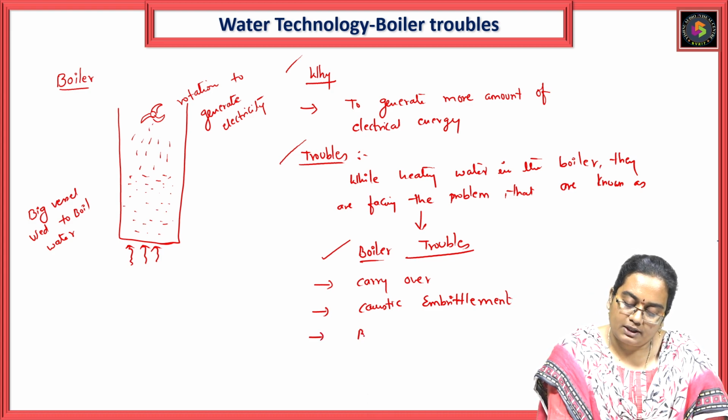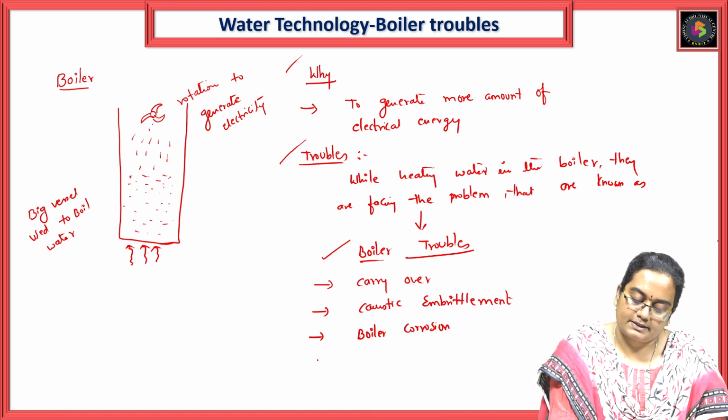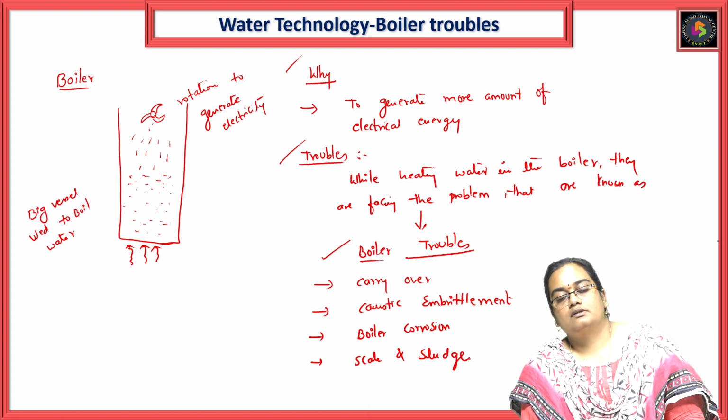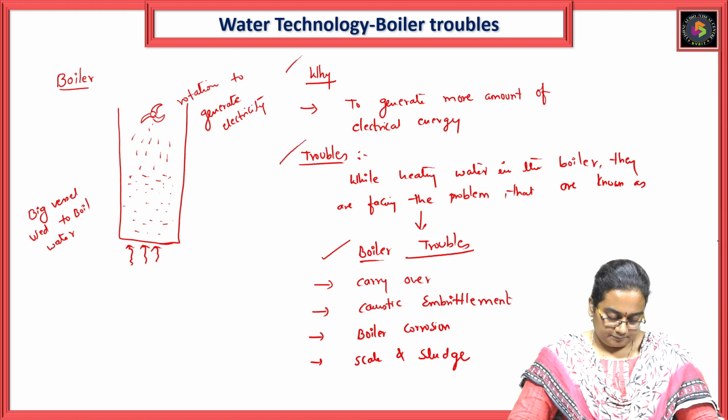Third one, boiler corrosion. Next one, scale and sludge. So these are your boiler troubles. Okay, let's go into each and every trouble in detail.